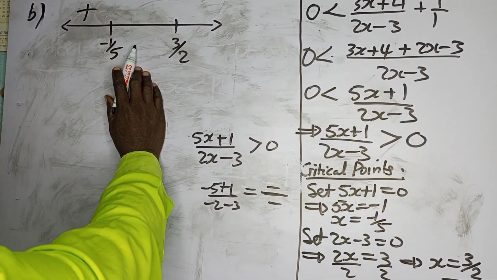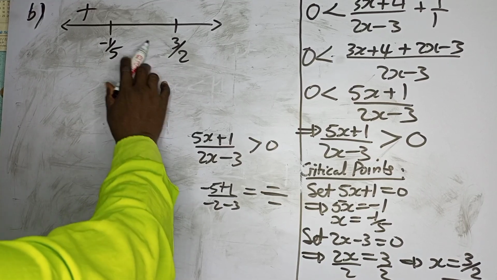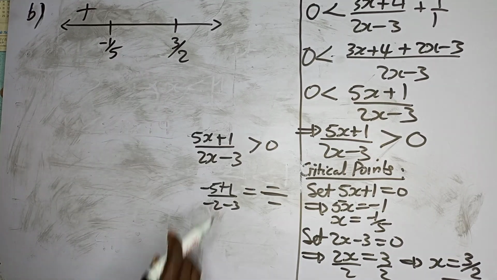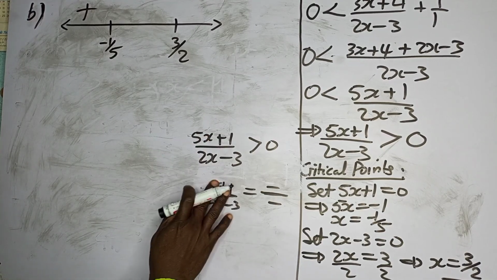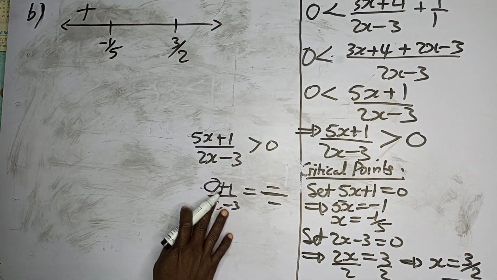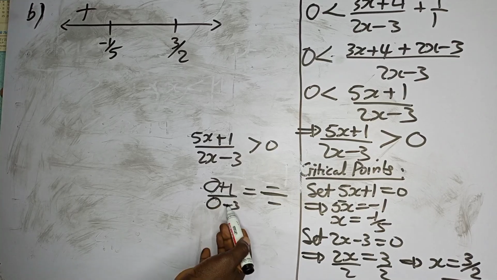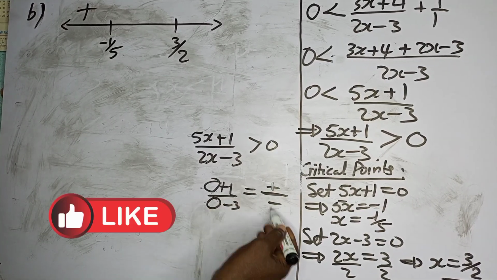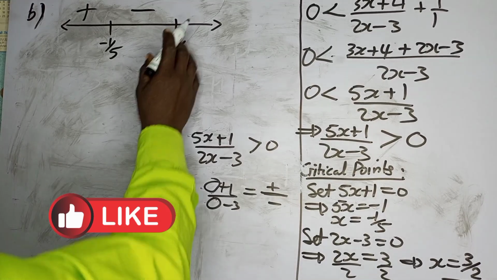Coming to this zone, this is negative 1/5, 3 on 2, 0 is in between. So 0 is a member of this zone. So if we put 0 there, we're going to have 5 multiplied to 0 is 0. 2 multiplied to 0 is 0. And so we obtain positive divided by negative, which is negative. Take a value in this zone.